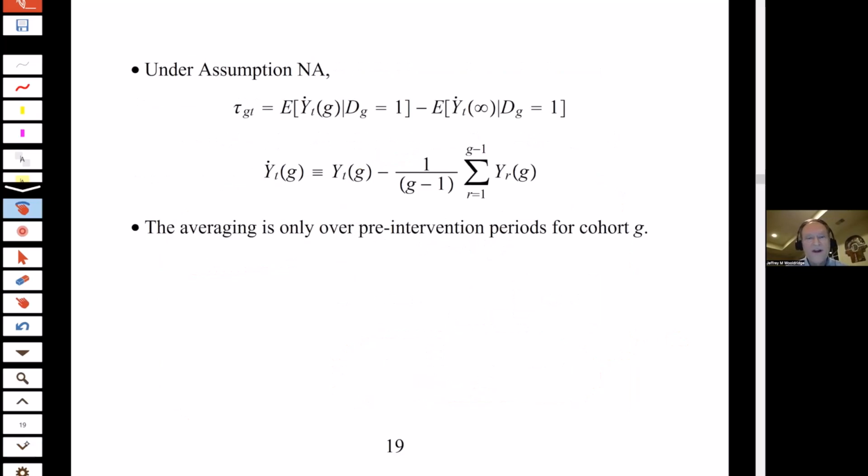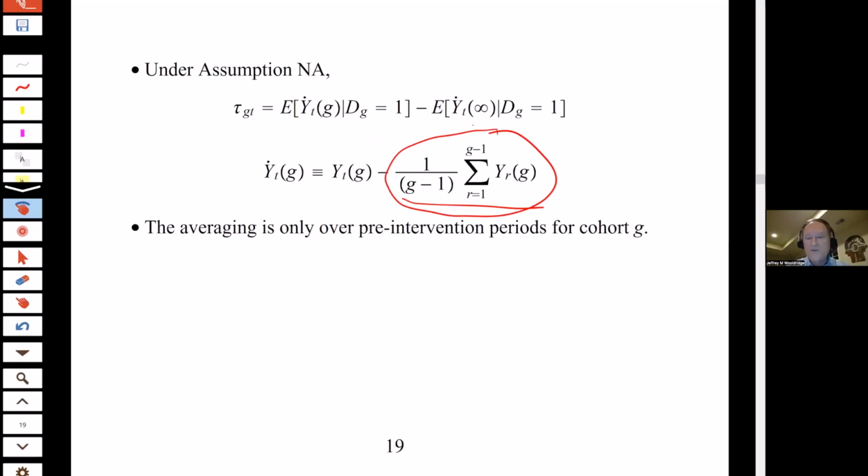And so I'm going to define this variable, which is clearly a transformation. I'm going to call it Y dot t g, and it's defined to be the potential outcome for cohort G in period T, where I then go back prior to the first intervention, averaging these up to G minus 1.